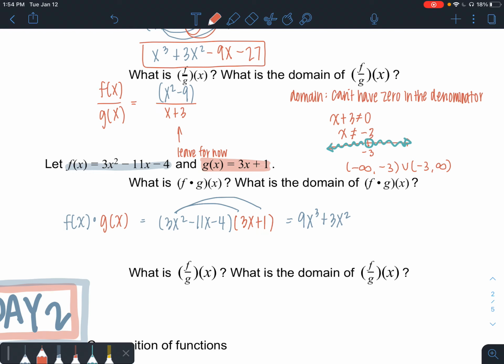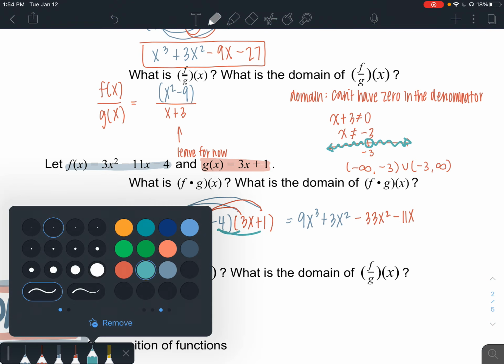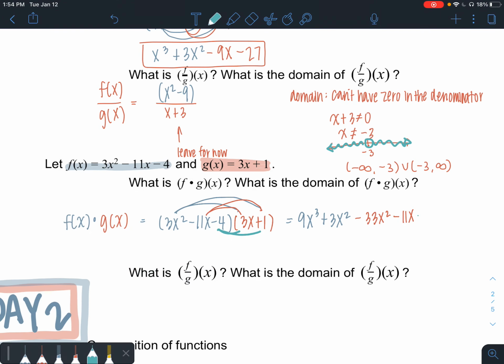Take this 11x and multiply it through. So negative 11x times 3x and negative 11x times 1. So we get negative 33x squared minus 11x. And then finally we'll take that negative 4 through. So negative 4 times 3x and negative 4 times 1. Negative 4 times 3x is negative 12x. Negative 4 times 1 is negative 4. Combining like terms, so these two and these two.